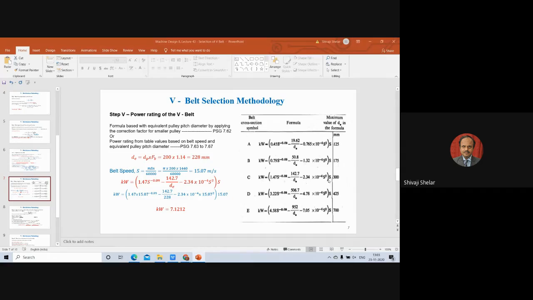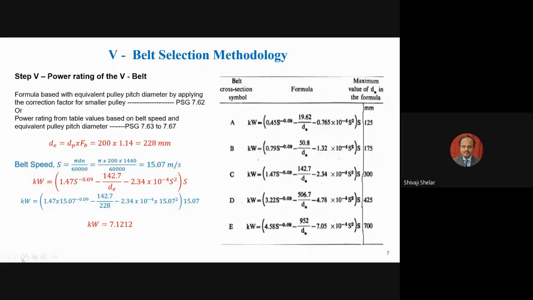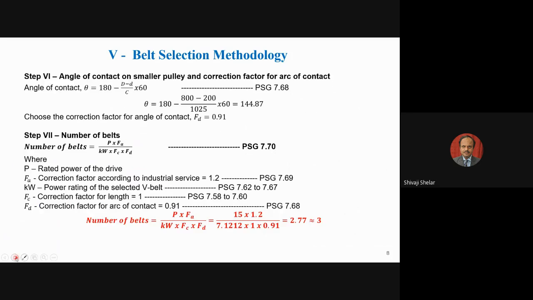You can use this formula or read from the table. I think you may have understood this is a very critical step. If you make this mistake, then your number of belts will go wrong, because the number of belts will decide the geometry of your pulley and the size of the pulley also.